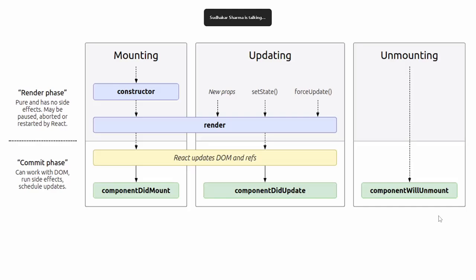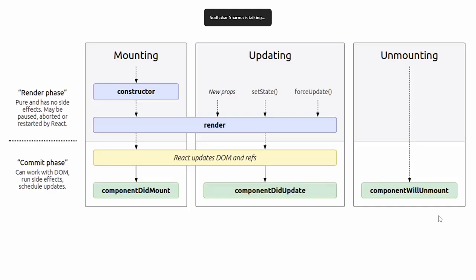And what are the phases here? Mounting, constructor, but this is not completely correct, because the constructor actually comes before mounting. React people themselves say that they have poor documentation. So React doesn't have a complete, proper document. This is all they have, a diagram on their website about the cycle.